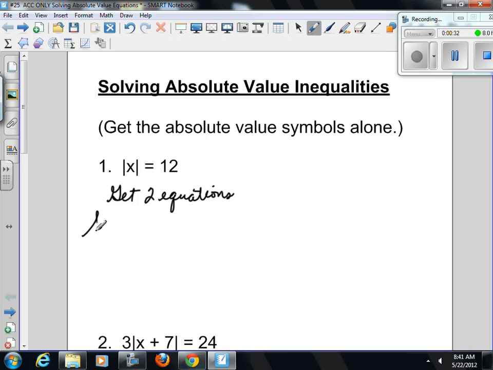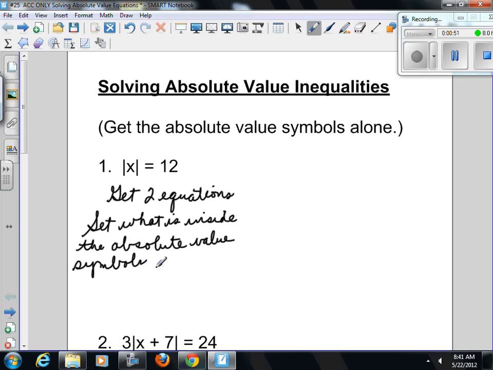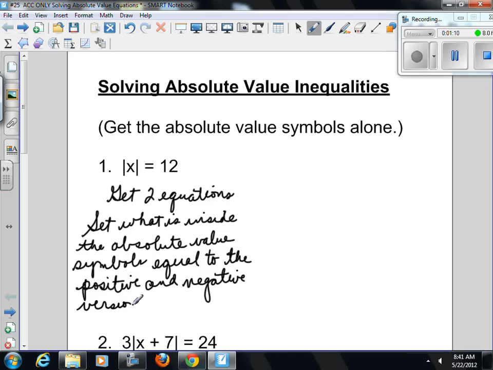Set what is inside the absolute value symbols equal to the positive and negative versions of the number and solve.